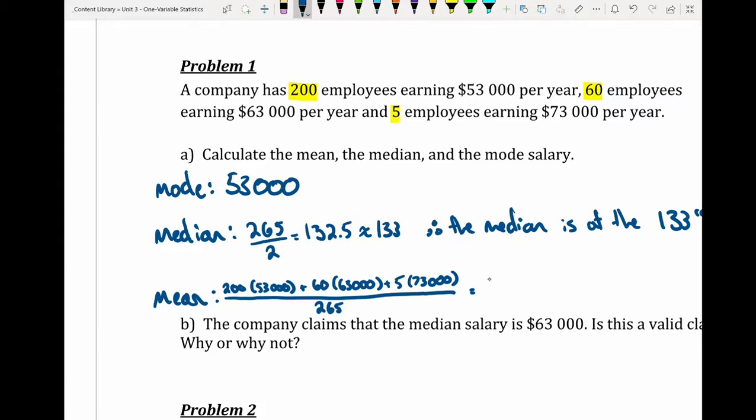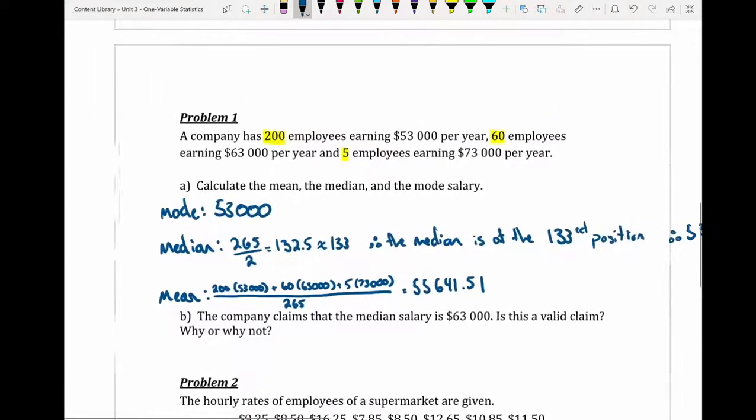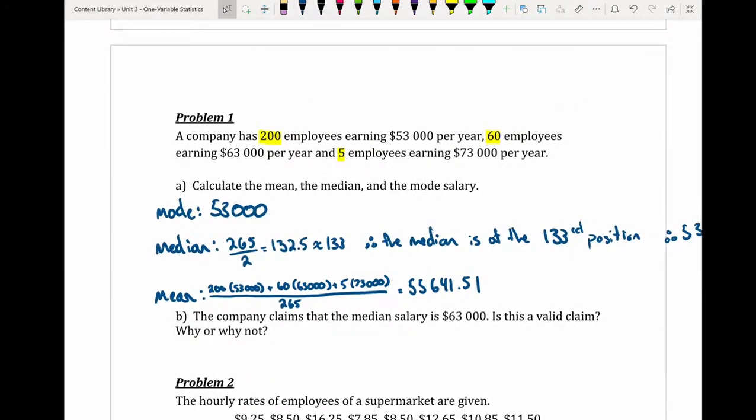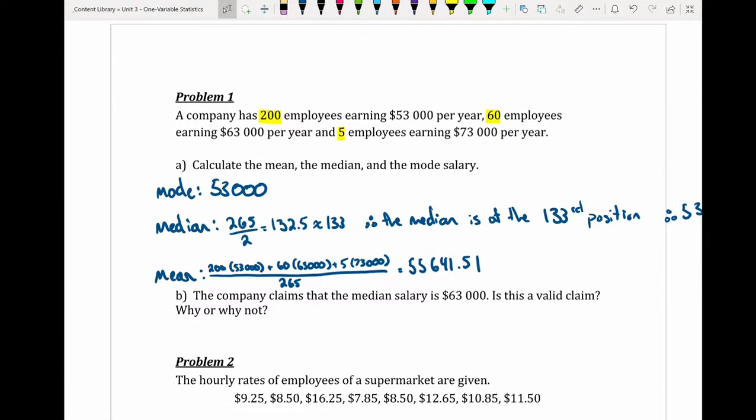And I get an average salary of 55,641.51. So that means the average salary is $55,641.51.